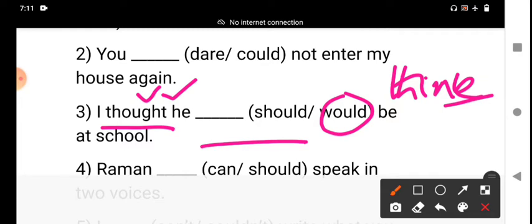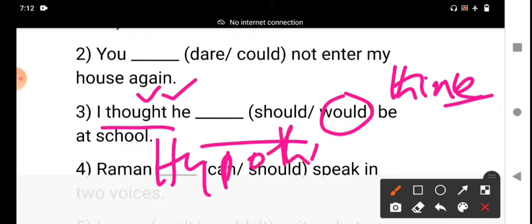Thought means would; one of the functions is that it is a hypothetical situation. We can imagine or predict what is happening in the future. That is a hypothetical situation.